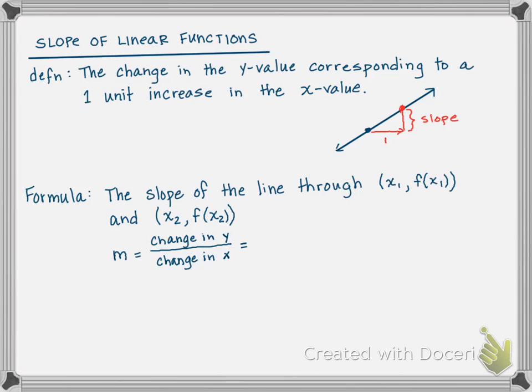So the change in y is just the difference in my y values. So my second y value is f of x2. My first y value is f of x1. And then my x values are x2 and x1.